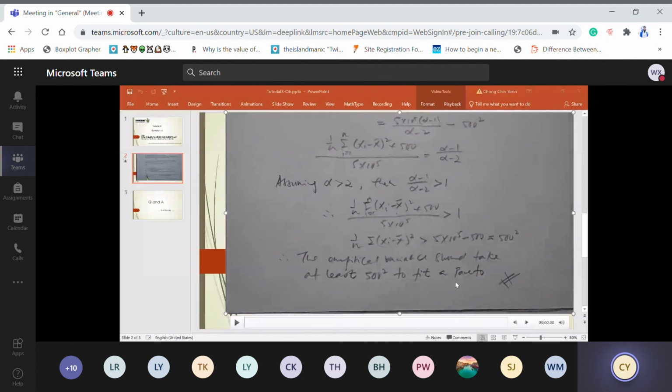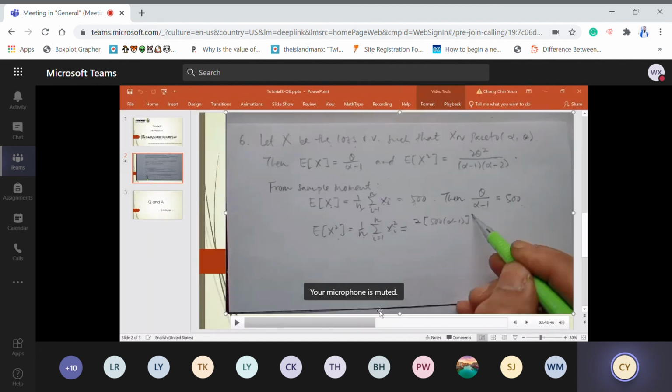Okay, so question number 6 and number 7 are quite mathematical. The question is asking what value the variance of the data should take. Of course, you have to calculate the first raw moment and the second raw moment.